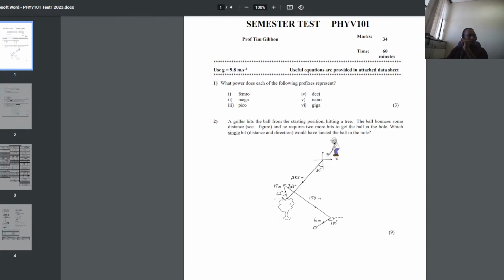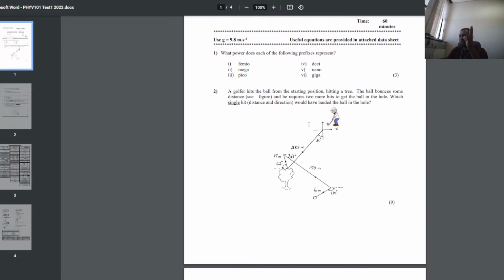Whether you are from FVV or PHYV, you should be able to benefit from our discussion today, especially you FVV students who will be writing tomorrow, or I don't know when exactly. You will get similar questions, if not the same. Therefore, what we'll be going through should benefit you.